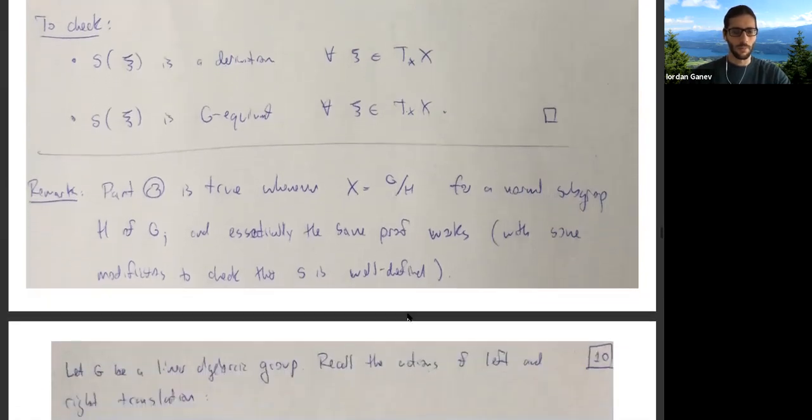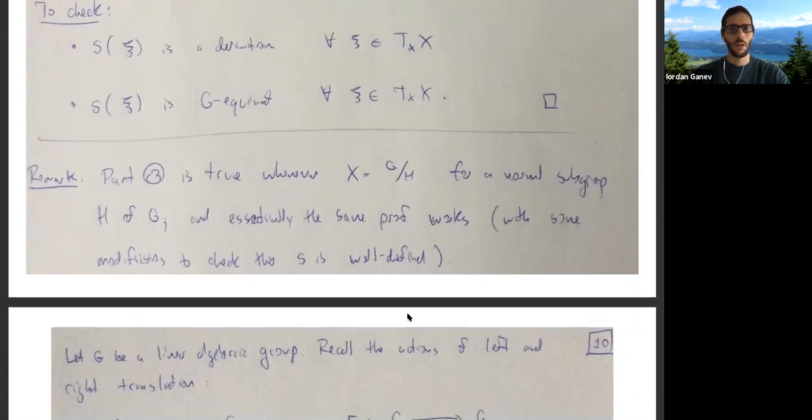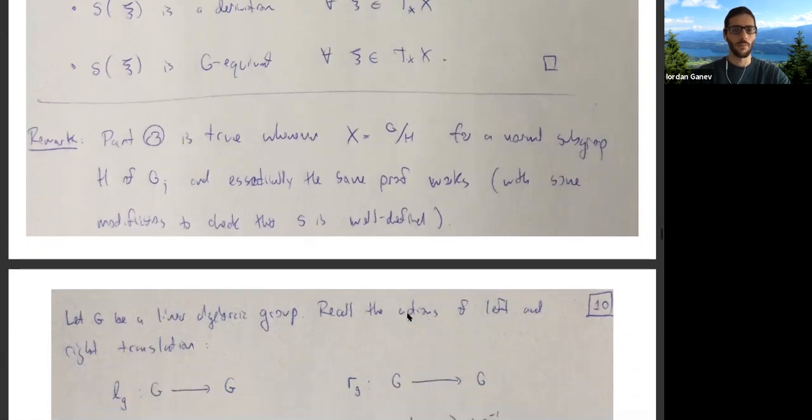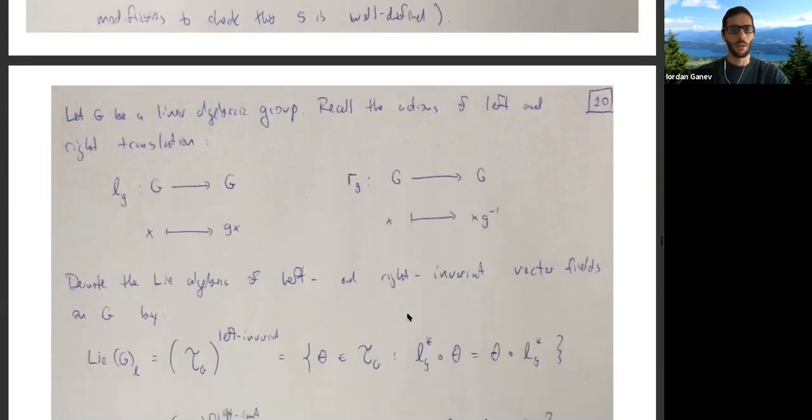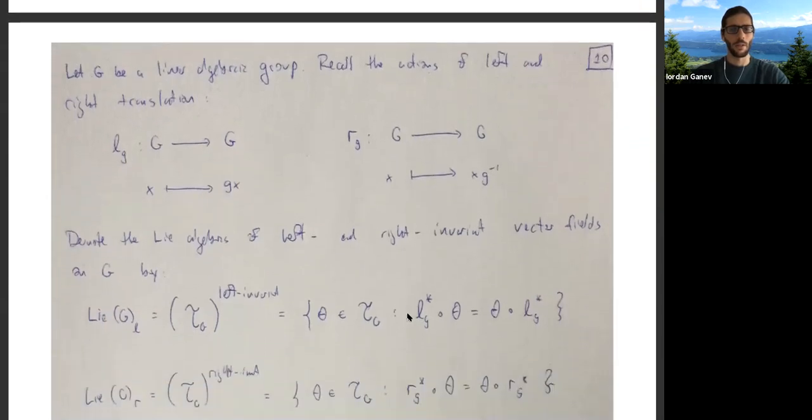Right. So now we want to move towards defining, as I mentioned at the beginning of this lecture, a Lie algebra associated to any linear algebraic group. So let's move towards doing that. If we have a linear algebraic group, then we have these actions of left and right translation, as we mentioned before.